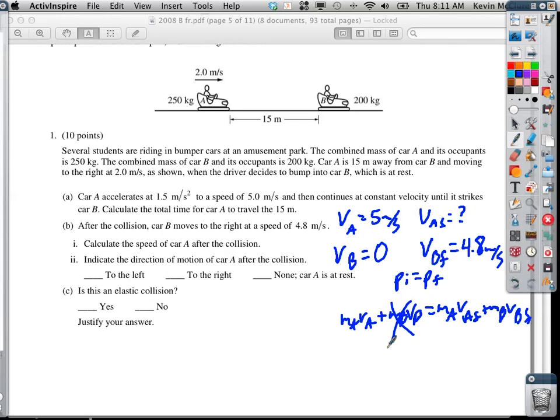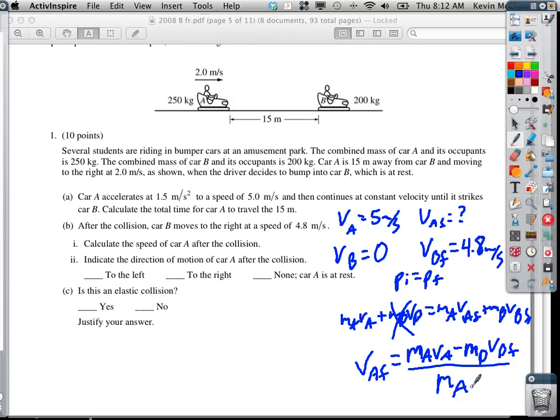And then we know that's 0. So VA final, are they the same masses? No. VA final is MA VA minus MB VB final all over MA. All right, so it's just used elastic collision.